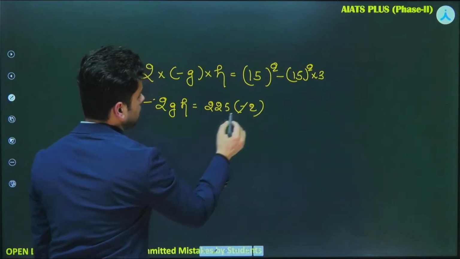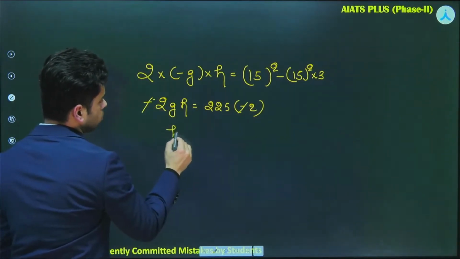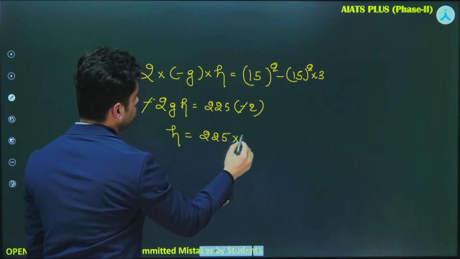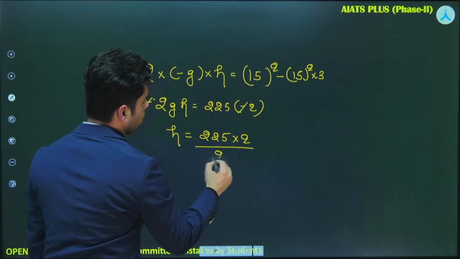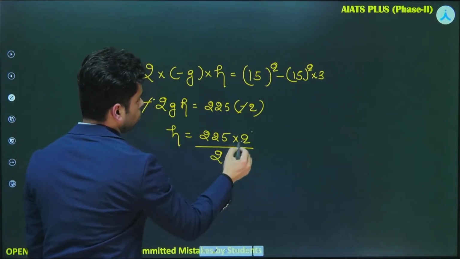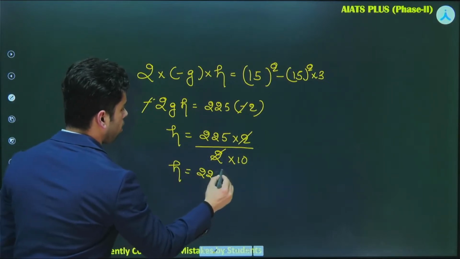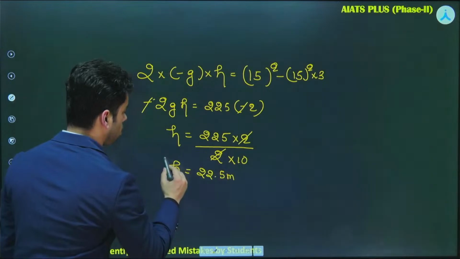So I'll cancel this minus and minus. So h becomes 225 into 2 by 2 into 10. So this 2 and 2 cancel. So the value of h is coming out to be equal to 22.5 meters.